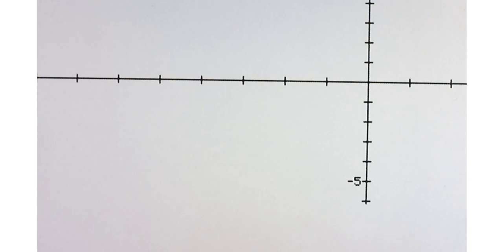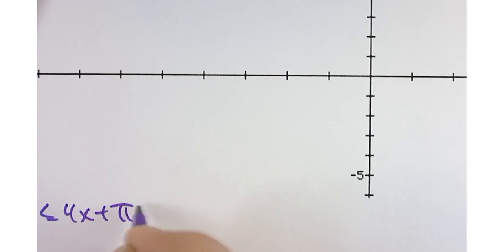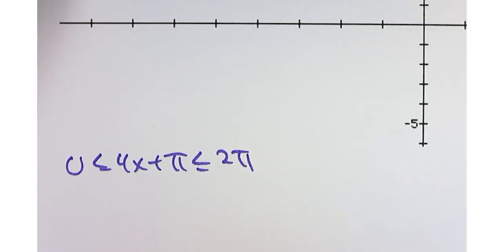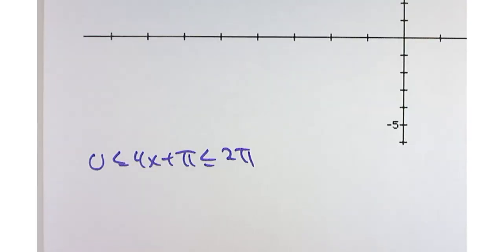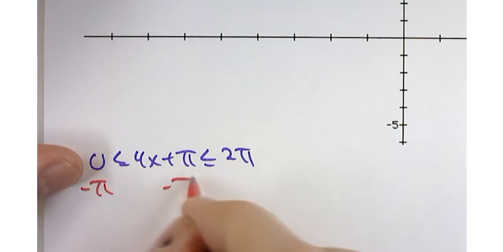So how does that look? It's going to look like this. 0 is less than or equal to 4x plus pi is less than or equal to 2 pi. How would you solve this? You want to get x in the middle by itself. So perhaps one easy thing to do would be to subtract pi from all parts of this inequality.